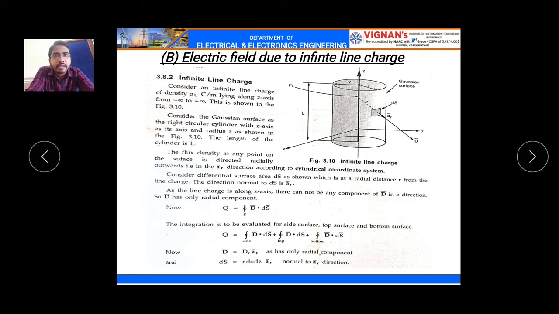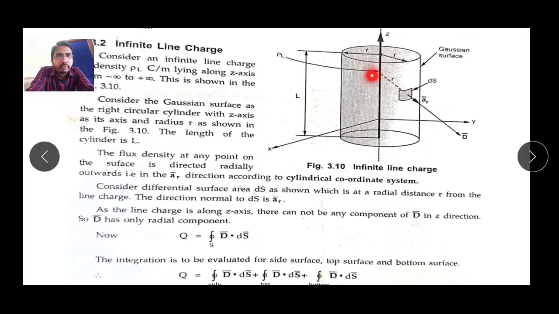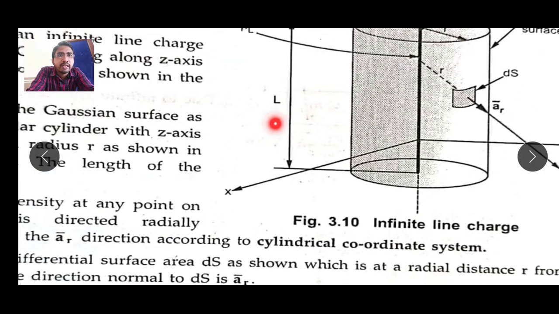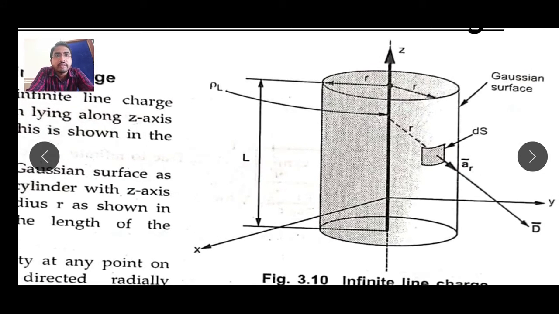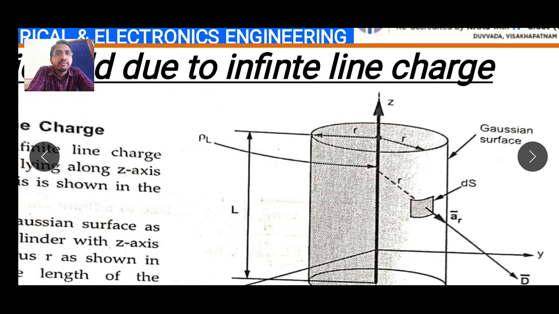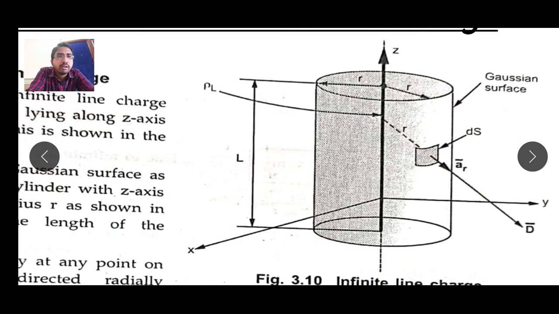Next, electric field due to an infinite line charge. Already the same derivation is done with the normal procedure, but we are doing it again, the electric field due to an infinite line charge, by using Gauss law. So we are taking an infinite line charge.